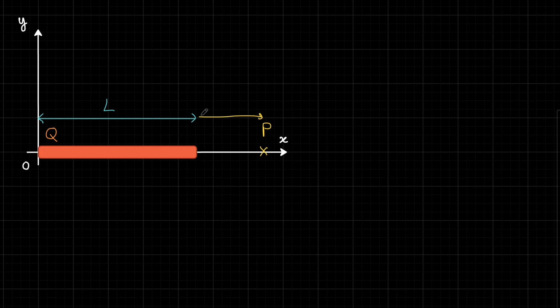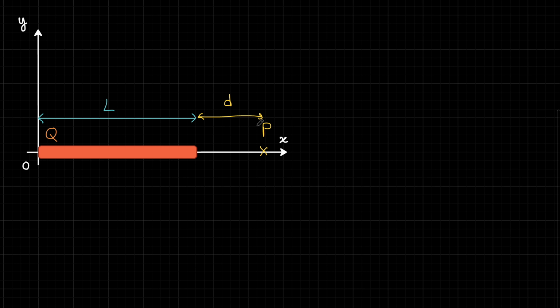For instance, we can mark this distance here, starting from the right end of the line of charge all the way to point P, and I'm going to call this distance lowercase d. So d here is a constant. It's the distance between the right end of the linear charge distribution and point of interest P.